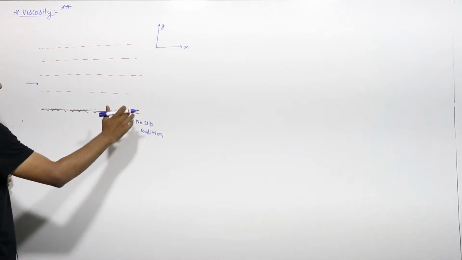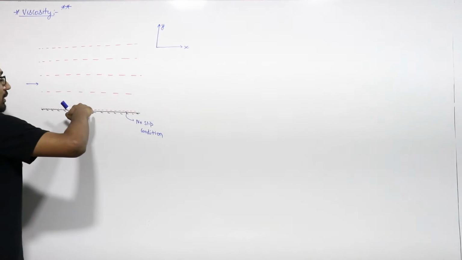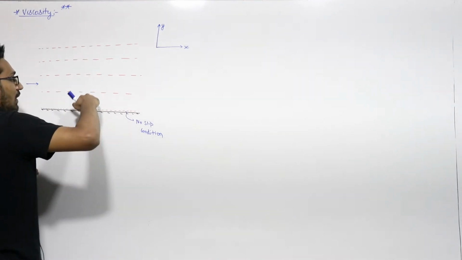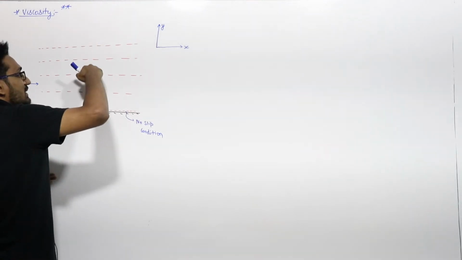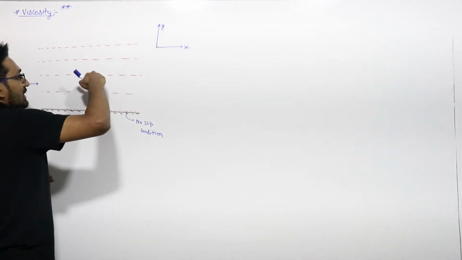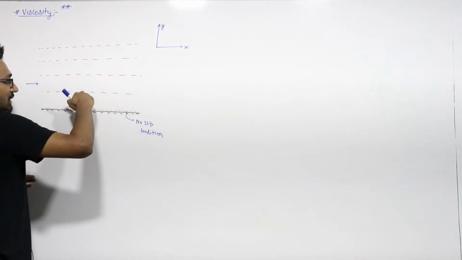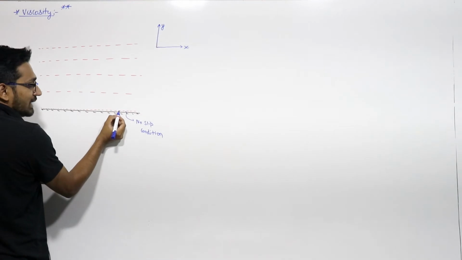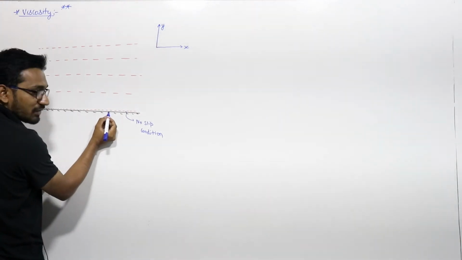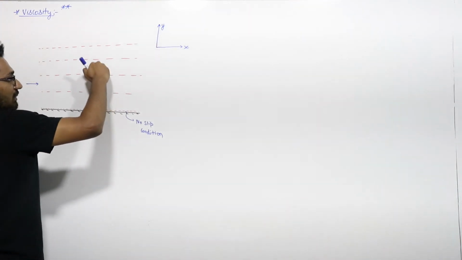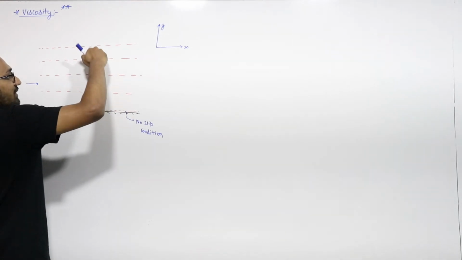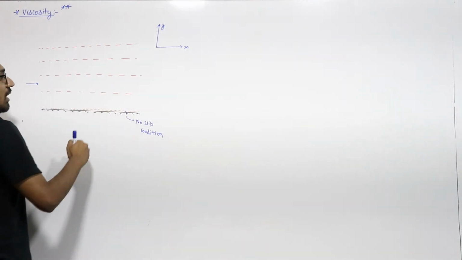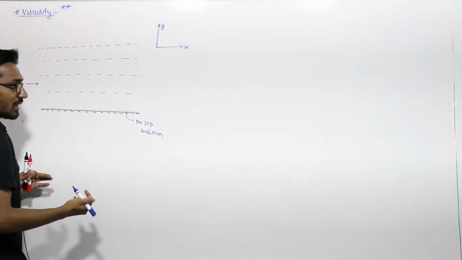When we go above from this solid surface, the velocity is increasing. The velocity of this layer is 0 because the solid surface velocity is 0, and as we go in the positive y direction, the velocity increases.